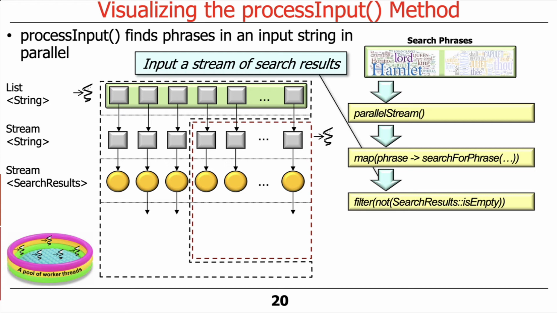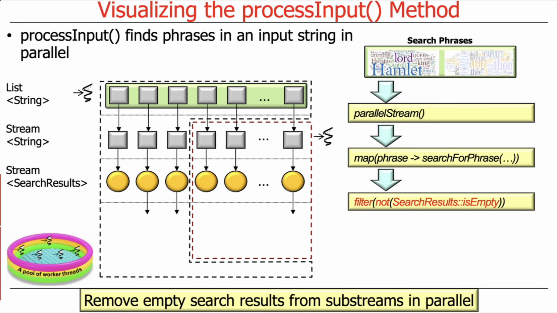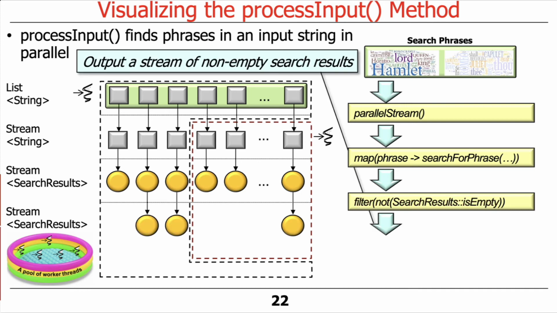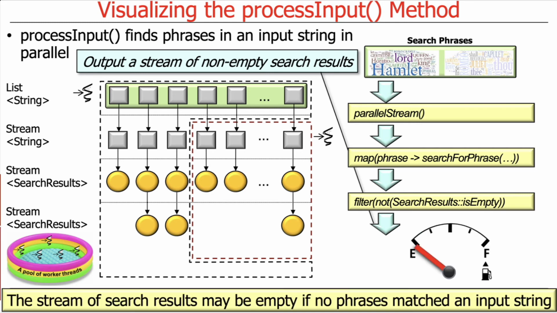And then we're going to filter out empty search result objects, because there's no point in passing them up the chain because they're empty. So filter will only let non-empty elements come through, and what we'll end up with when all is said and done is a stream of search results, and this stream of search results could be empty if there were no matches.